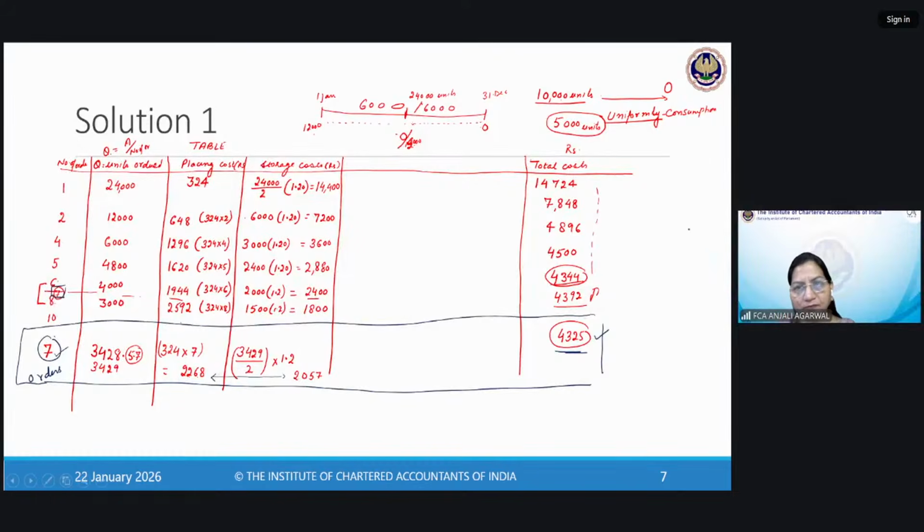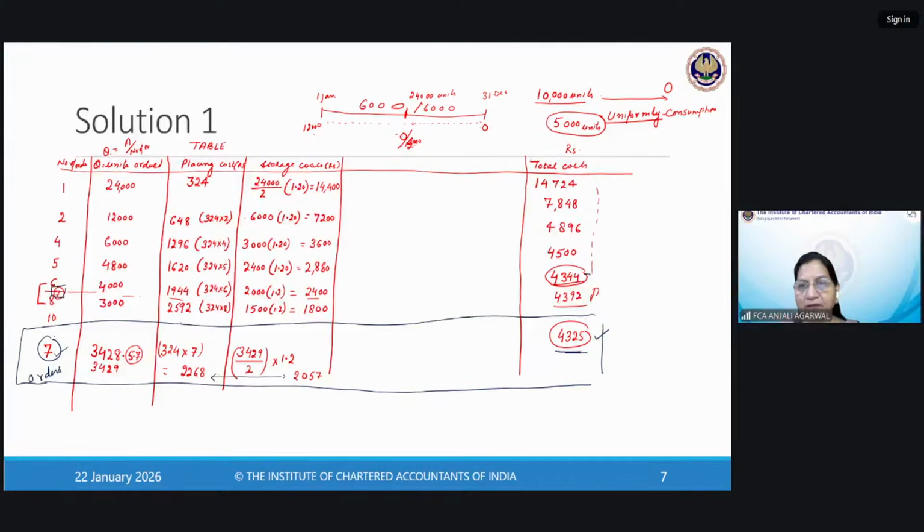But if you do it in a table form, and use number of orders in the very first column, maybe you don't get this exact answer, but you will get a practical answer, which is place 7 orders and place 3429 units so that your total cost is least, 4325.